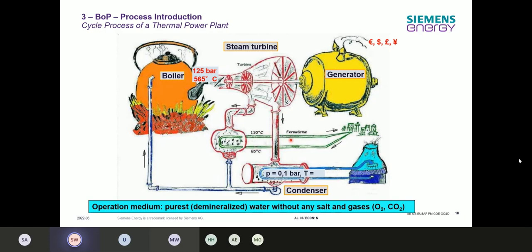Normally we take an amount of steam out of the steam turbine and bring it into a heat exchanger. So our electrical output will be reduced. We take an amount of steam out of the steam turbine, get it over a heat exchanger, increasing the temperature of the medium from the district heating.